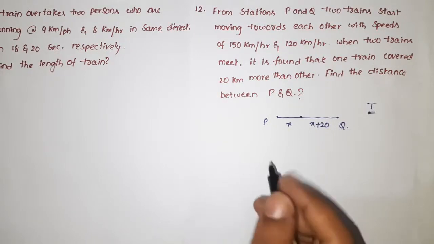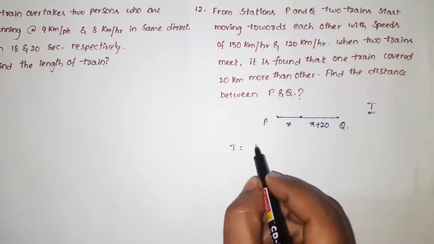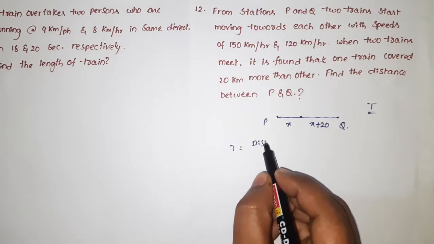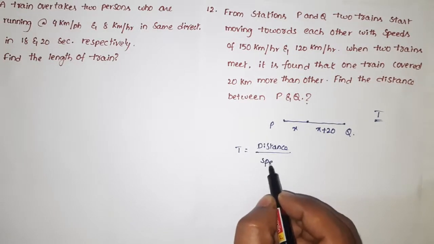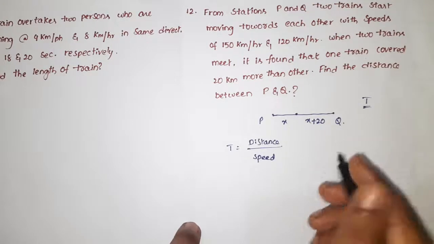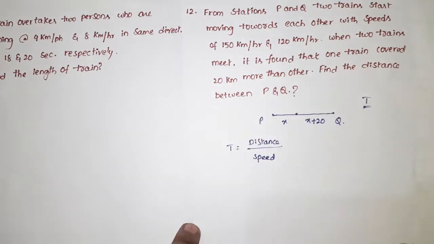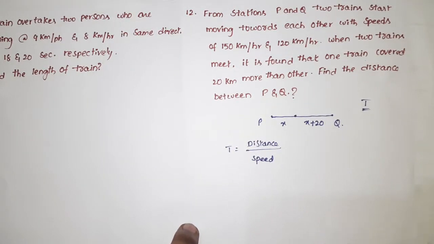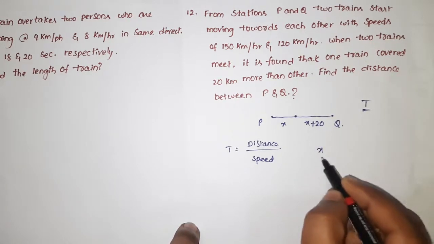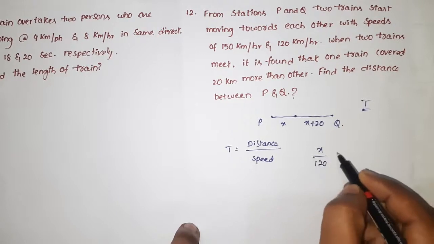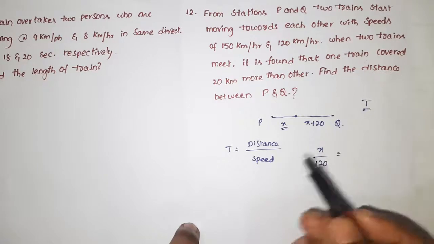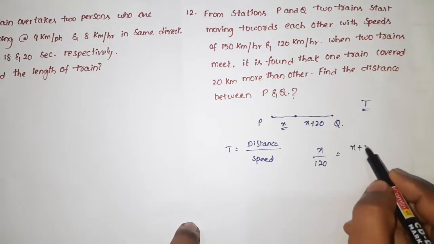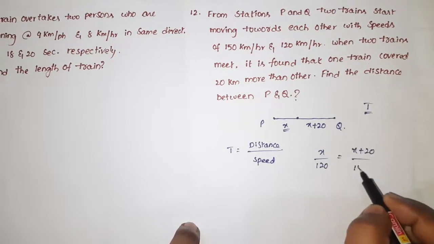So what is the time t? Time t is equal to distance by speed. The entire thing happened in this particular interval of time t, so therefore we equate that. So x by 120, that is the distance traveled by the slower train, which we assumed as x, and x plus 20 by 150.